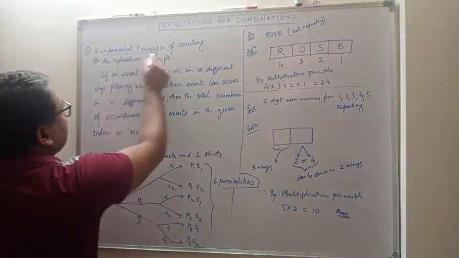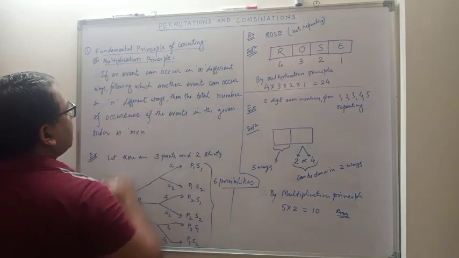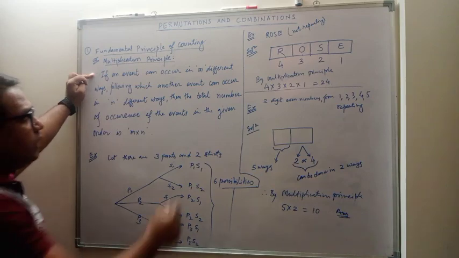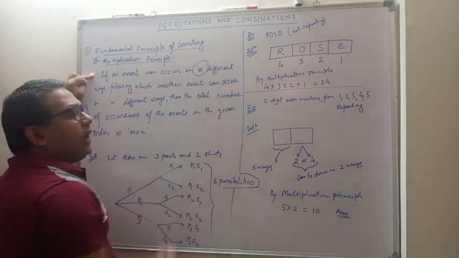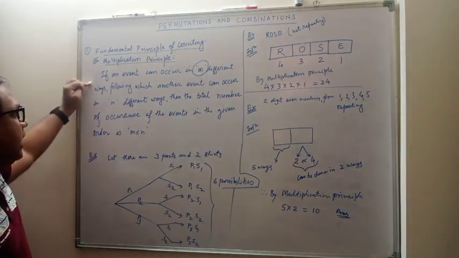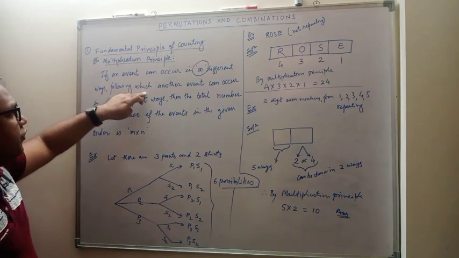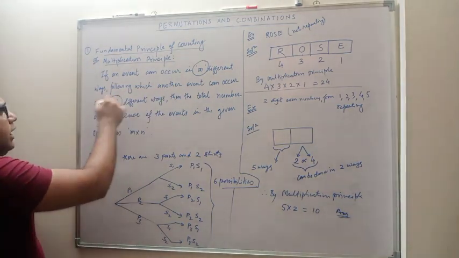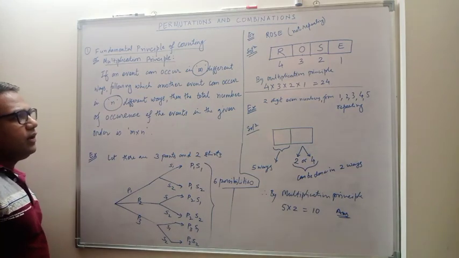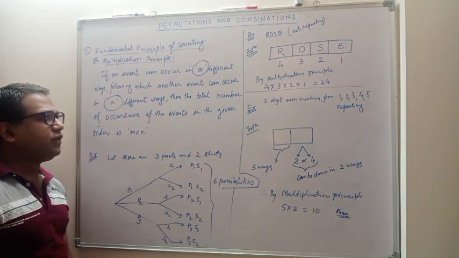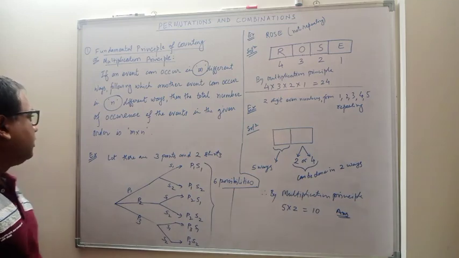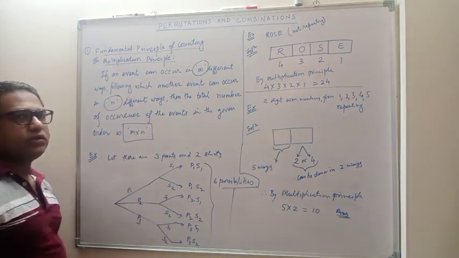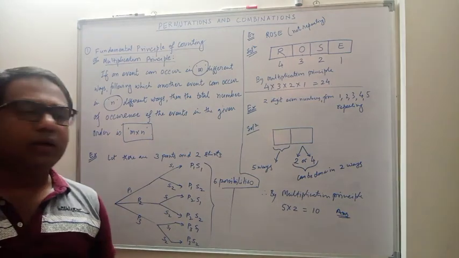So what we are doing here is, if an event can occur in m different ways, following which another event can occur in n different ways, then the total number of occurrences of the events in the given order is m cross n, that is m multiplied by n.